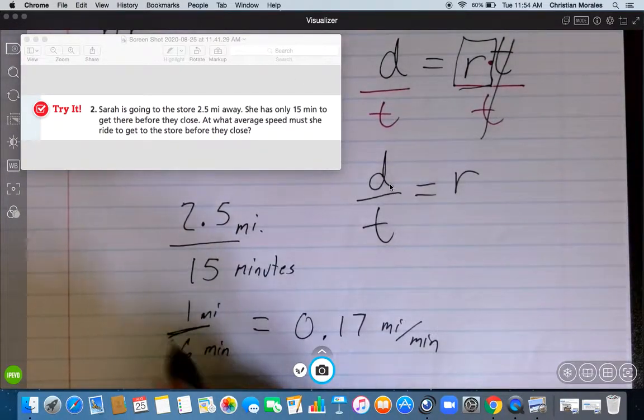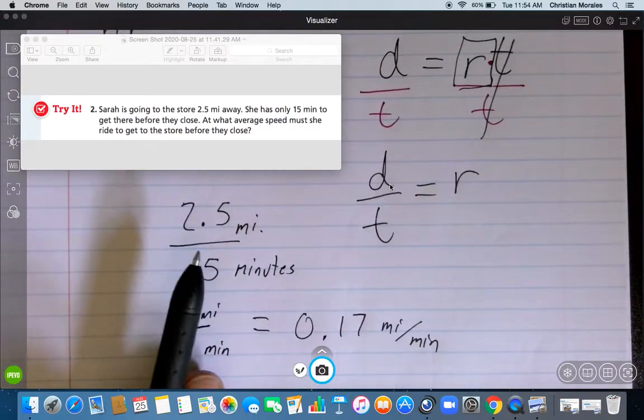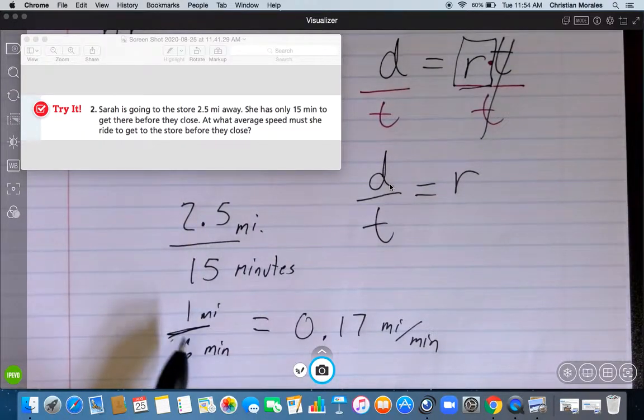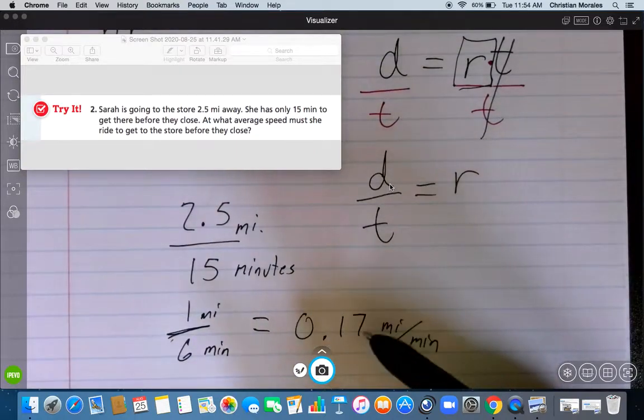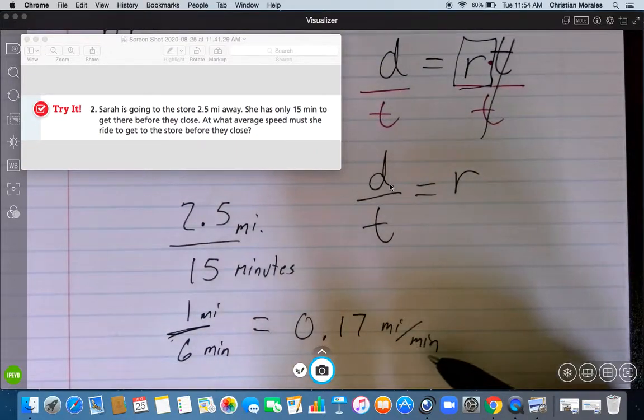To talk about her speed, miles per minute, it's 1 mile in 6 minutes. That's how fast she needs to be going, 1 mile every 6 minutes, or 0.17 miles a minute. So that's how fast she has to go.